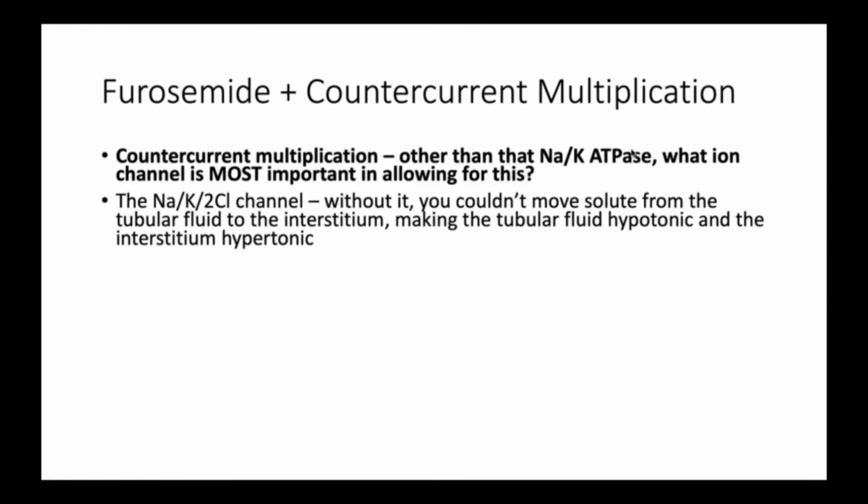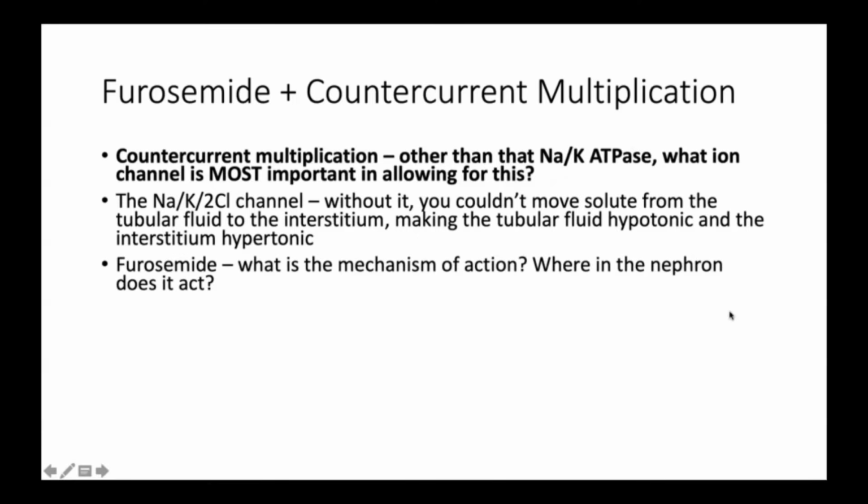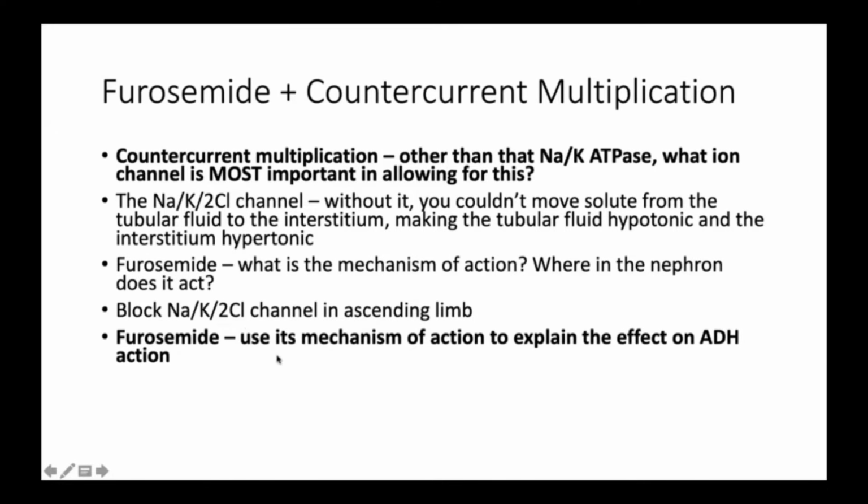That's what allows you to move solute in the thick ascending limb. And so, Deb, what's the mechanism of action of furosemide, and where in the nephron does it act? Furosemide acts on the sodium potassium 2 chloride channel and blocks this channel, in the thick ascending loop of Henle. The thick ascending limb. Good.